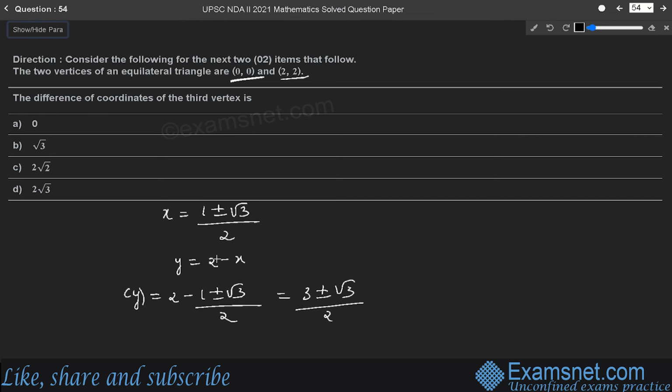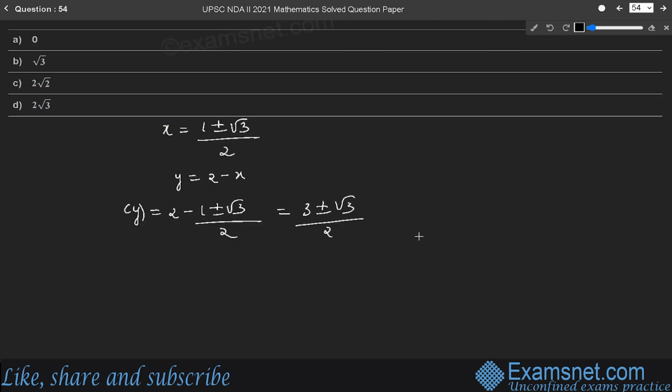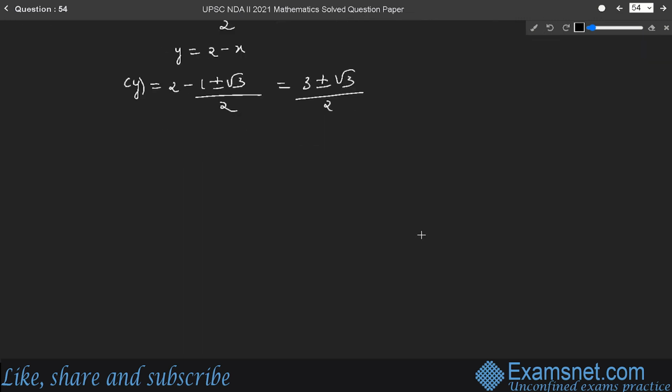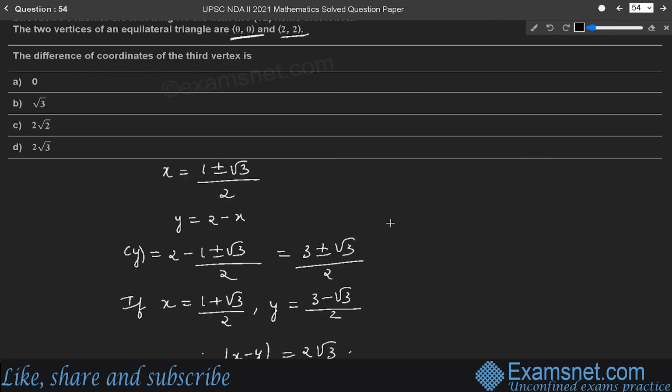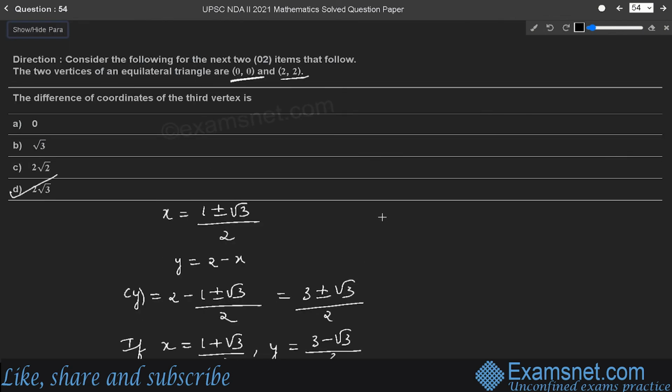Now if x is equal to (1 plus root 3) by 2, then y is equal to (3 minus root 3) by 2. Therefore, we can say that modulus of x minus y, or the difference of coordinates of the third vertex, will be 2 root 3. So the correct option for this question is option D, which is 2 root 3.